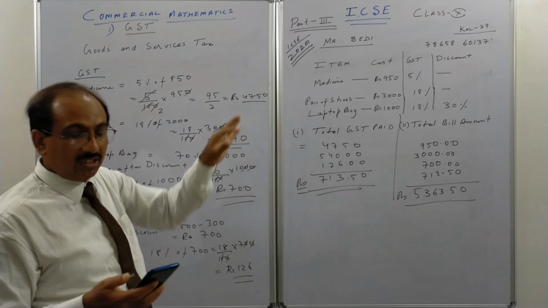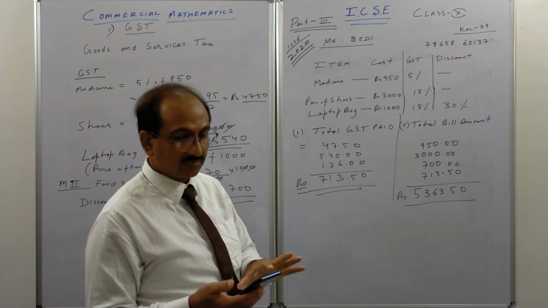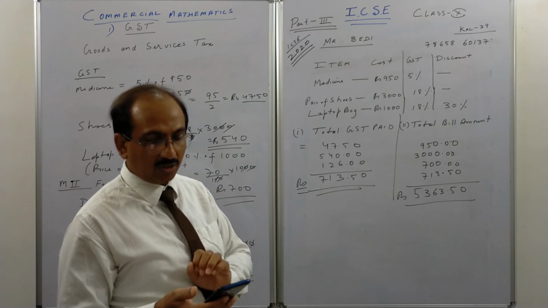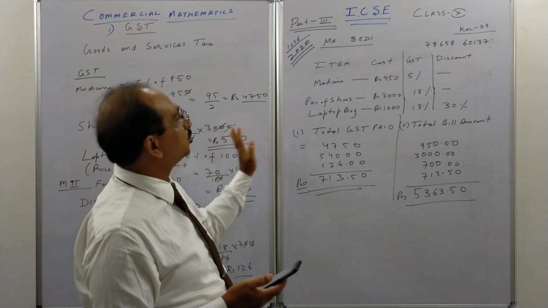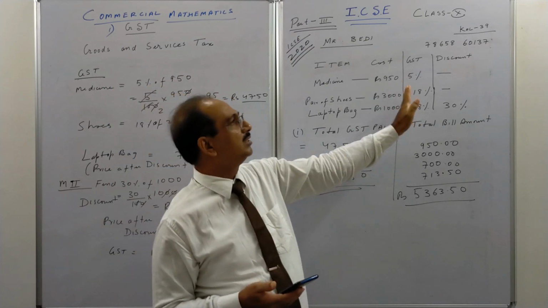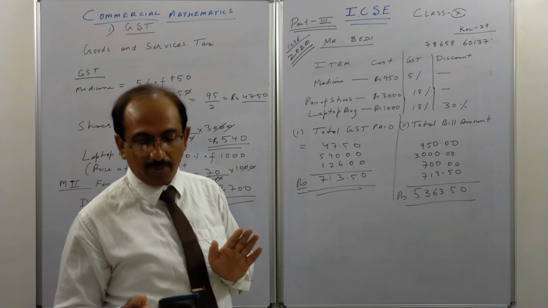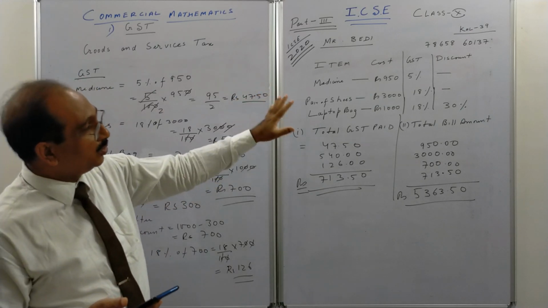Then the suggestion for teachers: give drill extensively on the concept of GST and its calculation under conditions. What is the GST? What is the discount? Instruct students to always express the bill amount in rupees correct to two places of decimal. So you need a lot of practice.